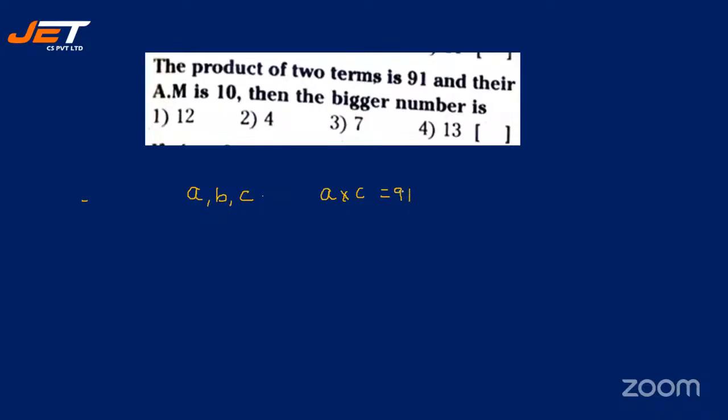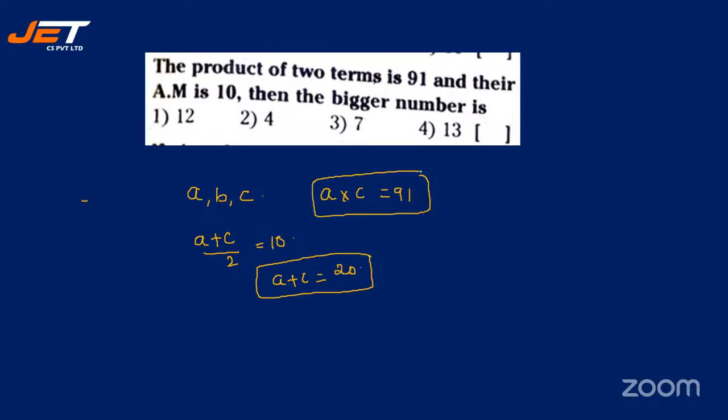So now what have we learned? A plus C by 2, and their arithmetic mean is 10. So now what happens? A plus C becomes 20. So we have A plus C, we have AC, right?